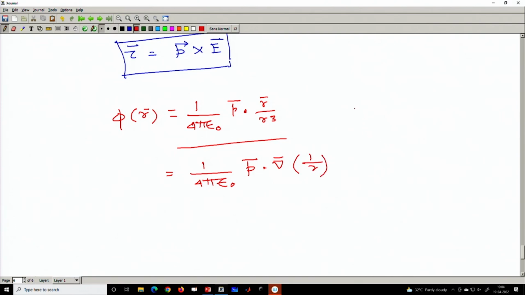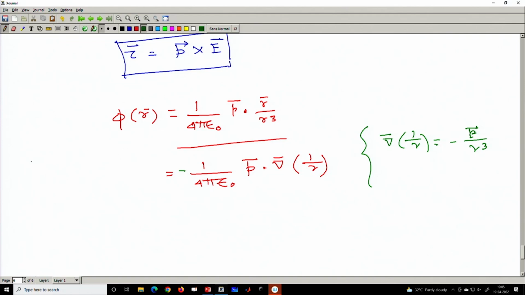I believe you can check by yourself that the gradient of 1 by r is simply, I should put a negative sign here, minus of r by r cube, or unit vector divided by r square.